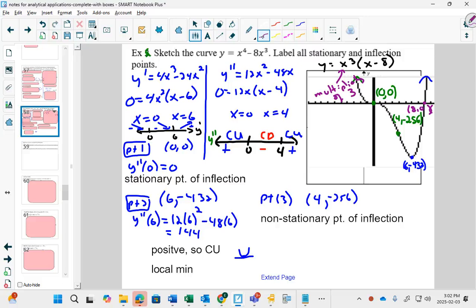Now that bend, we now know as a stationary point of inflection, because it flattens out and bends. It flattens out so that you have that critical point, the tangent is 0 at that point, and the bend is the fact that it's changing concavity at that point.